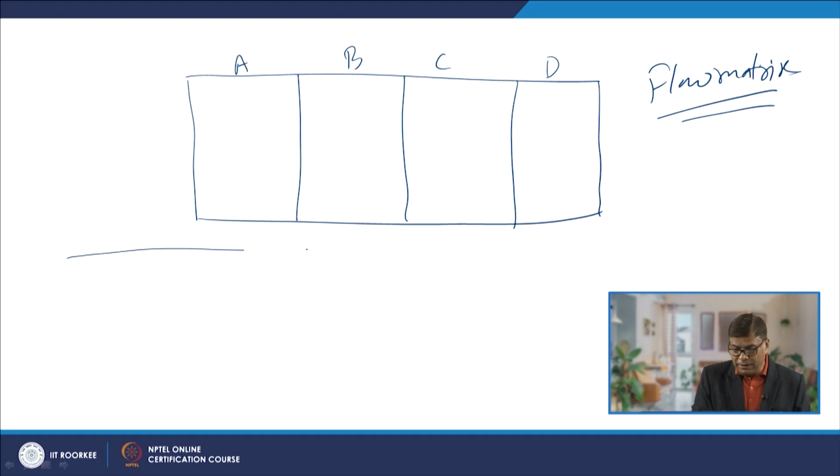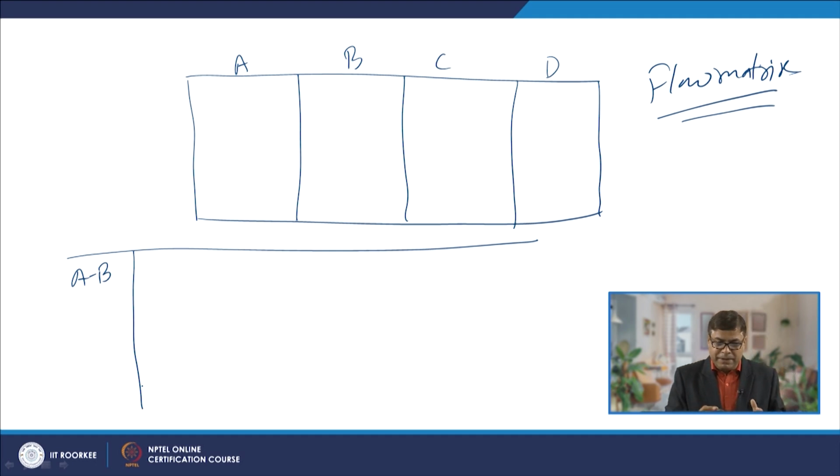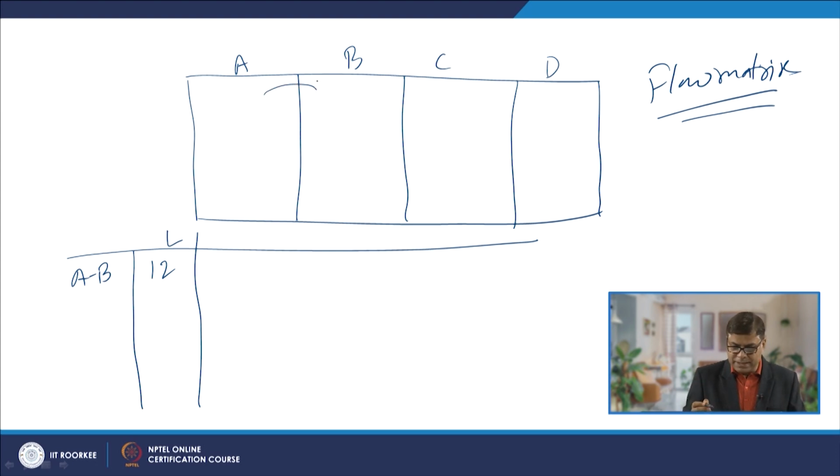So, that is what we can make in tabular form. The movement between the A and B work centers, we can write as the load in terms of the frequency, which indicates the extent of movement desired, is 12. So A to B movement is 12, and then A to C or C to A movement is 50.